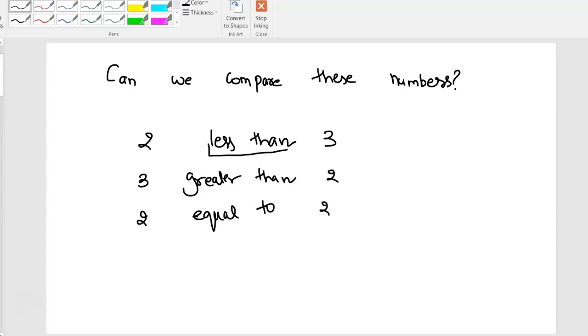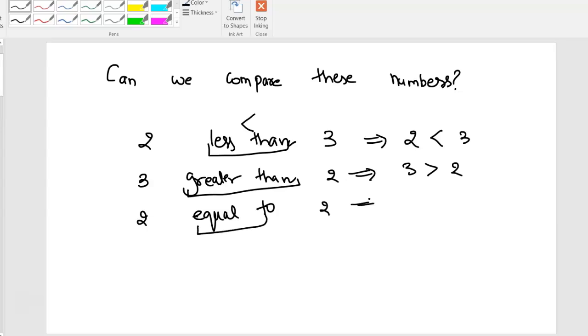For less than, we use this sign. So we write it as 2 is less than 3. For greater than, we use this sign. 3 is greater than 2. And for equal to, we use this sign. And we'll say 2 is equal to 2.